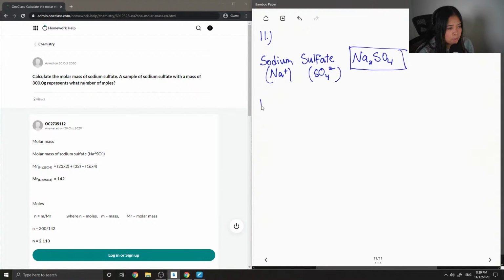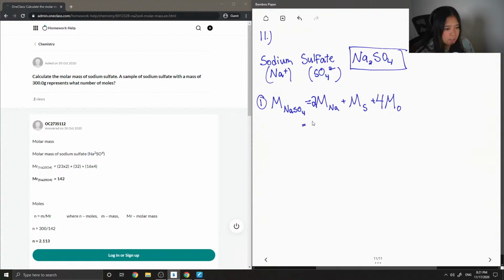Okay, so step 1 is to calculate the molar mass of sodium sulfate. So this is going to be equal to the molar mass of sodium plus the molar mass of sulfur. So the molar mass of sodium is multiplied by 2 since there are 2 atoms of sodium, and also 4 times the molar mass of oxygen.